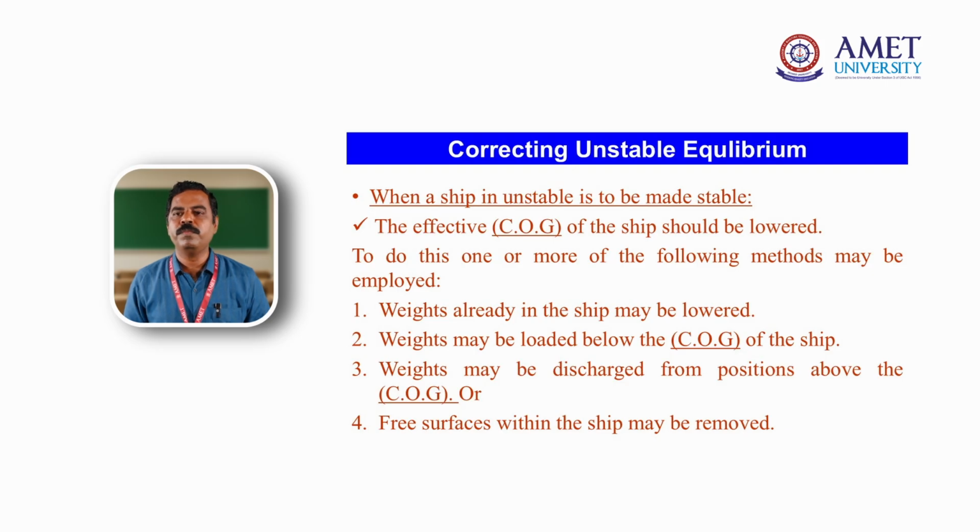If there is free surface effect, we can remove it, or we can add some water at the bottom in the ballast tank. With that we can lower the weight and the position of the center of gravity towards the tank top level. With that we can get the positive metacentric height.